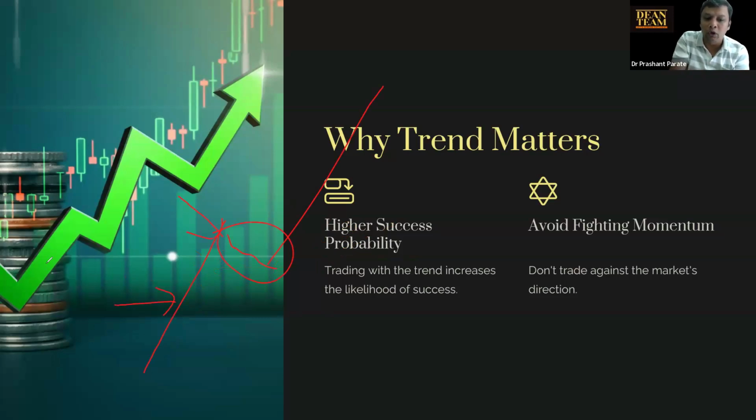You will not be able to hold on to the trade which you bought here, and you will not be able to buy again at this level. A lot of money is lost because we are fighting the momentum and want to capture all small swings. So it is very important to understand that trend will increase the probability of success. Don't trade against the direction of the trend and don't fight the momentum.